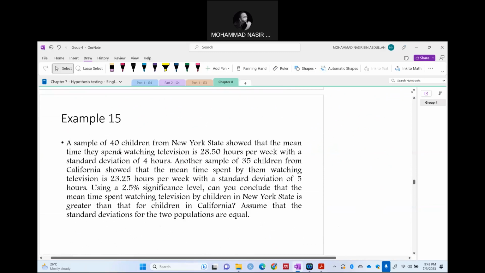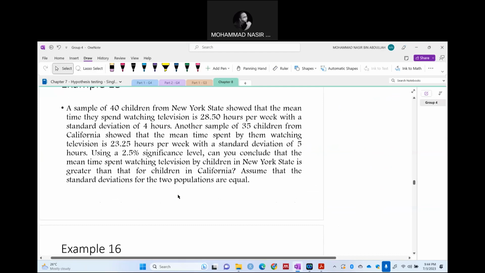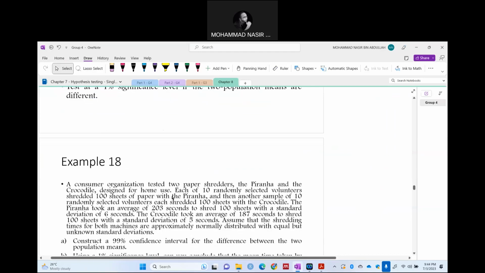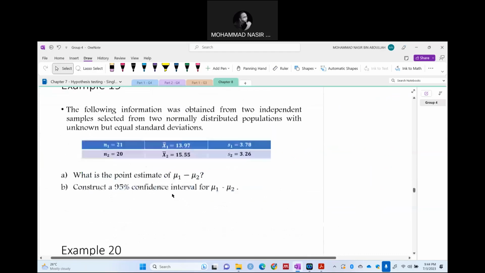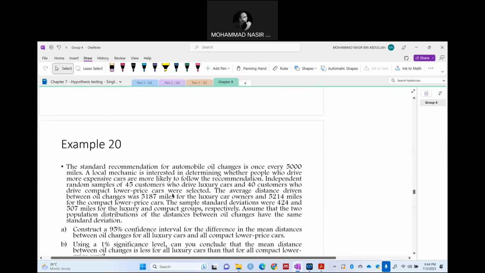Example number 15, this is more than or equal to, right? The claim is, can you conclude that the mean time spent watching television in New York State is greater than in California? So mu1 more than mu2, right? So example number 15, 16, 17, 18, until 20, I think you can do by yourself.